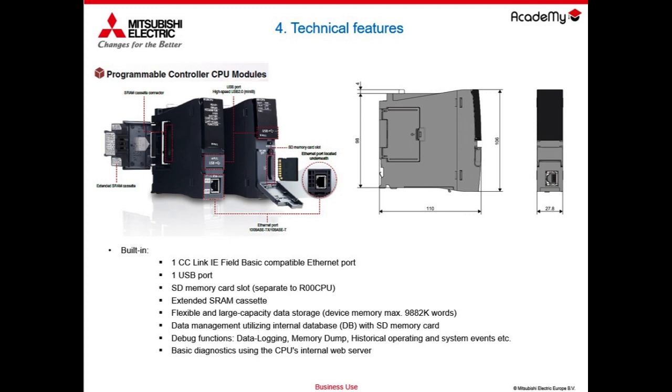Here we are anticipating the different models of the CPU. The R series, we are talking about the control PLC. This control CPU can be an R00, an R01. In a moment we will discover all the models and see how they fundamentally differ.